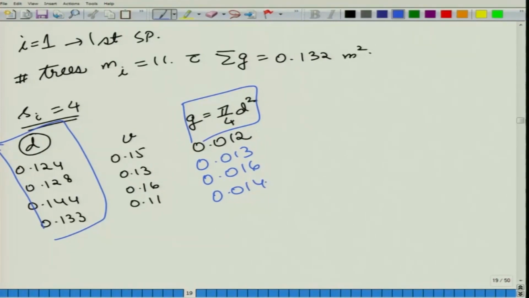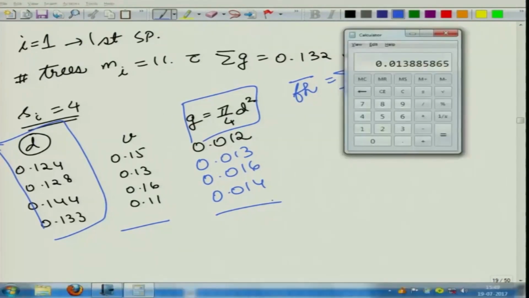Now, the form height or the mean form height in this case is given by the sums of the volumes divided by the sums of the basal areas. So, how much is the sum of the volume and how much is the sum of the basal area?